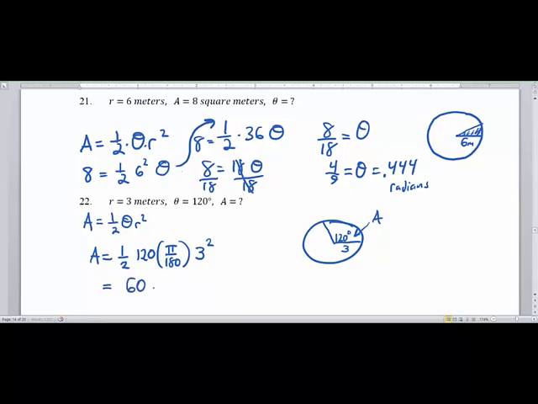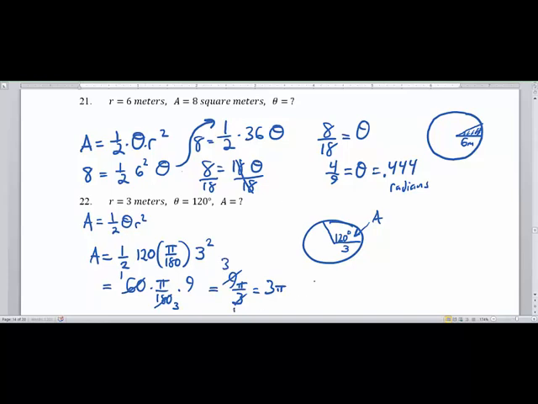And then we have 60 times pi over 180 times 9. Let's see, what do I want to do to simplify? Well, if we divide 60 by 60, we make 1, and if we divide 180 by 60, we get 3. So now we have 9 pi over 3, which is the same thing as 3 pi, because 9 divided by 3 is 3.